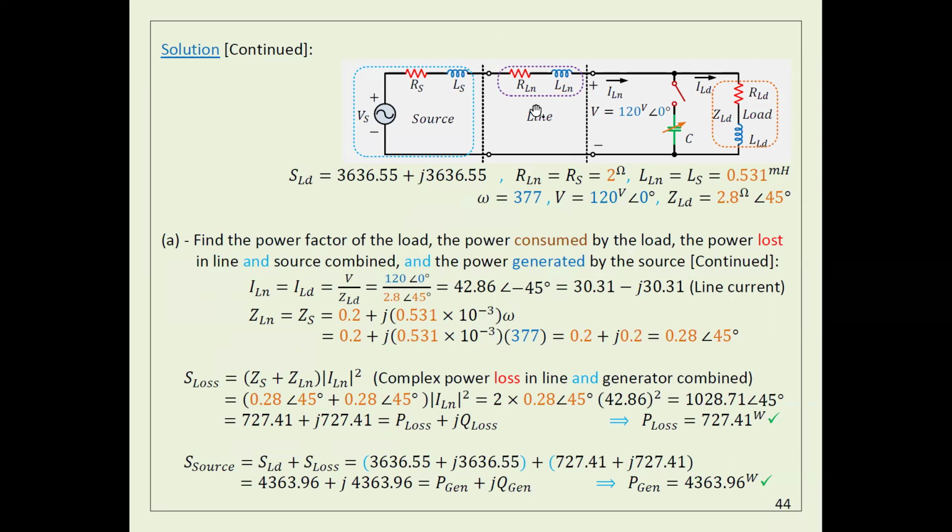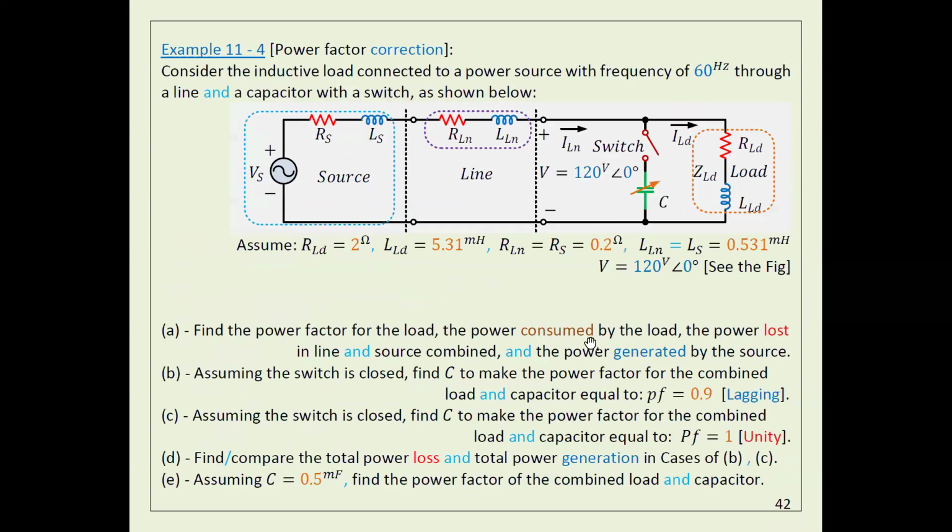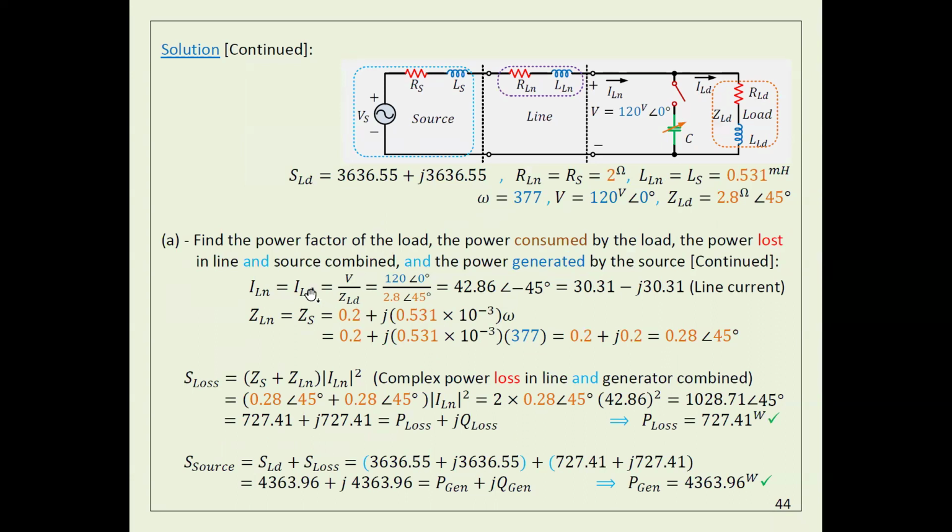You have this impedance and this impedance. It should be easy to calculate because they are equal. So for each one of them, this is R. It's given to me. Yeah, 0.2.